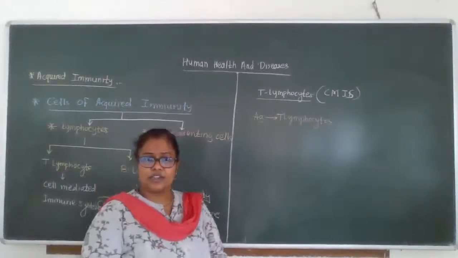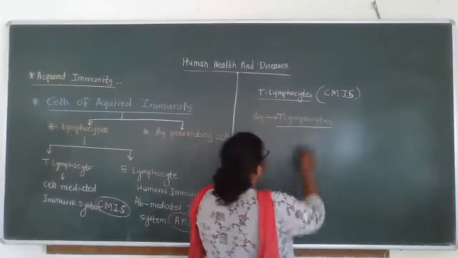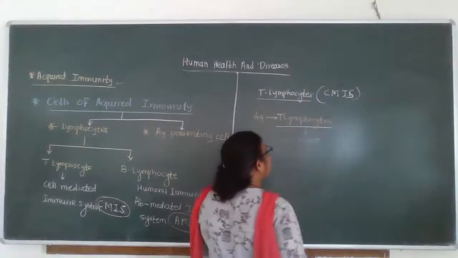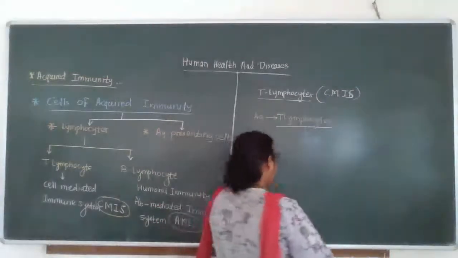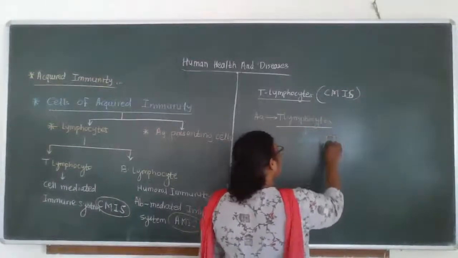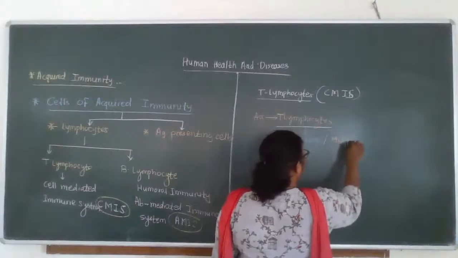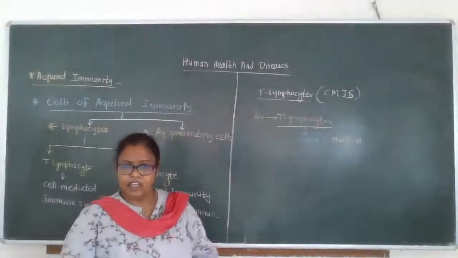On sensitization, these T lymphocyte cells form their clones. That means the number of T lymphocytes gets multiplied.